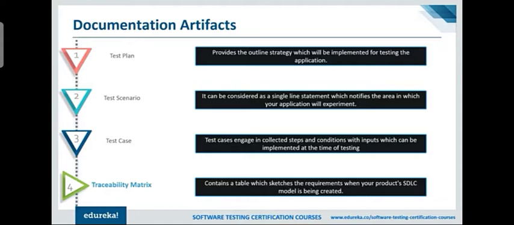So this is how you put a traceability matrix. You will have your requirement traceability where you have n number of test cases, and here you have business requirements. So the matrix will be marked if the result passes on both ends. So this is all about the documentation artifacts and the various types of artifacts that are involved in software documentation.